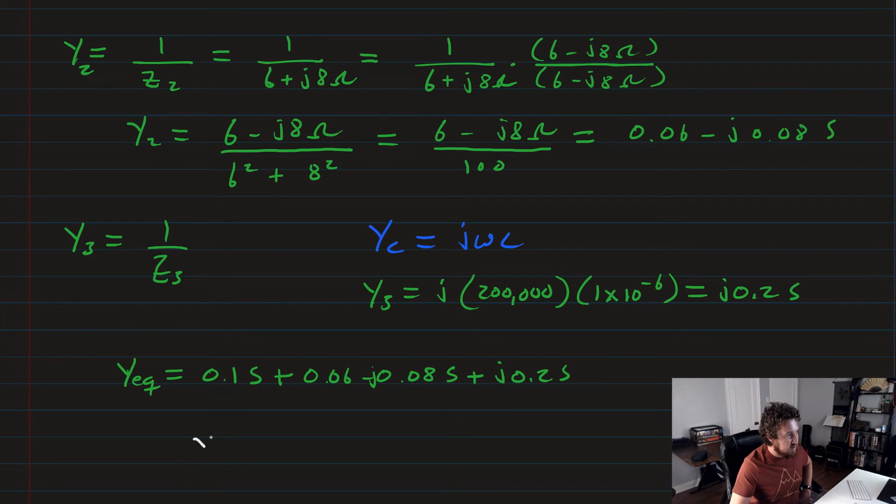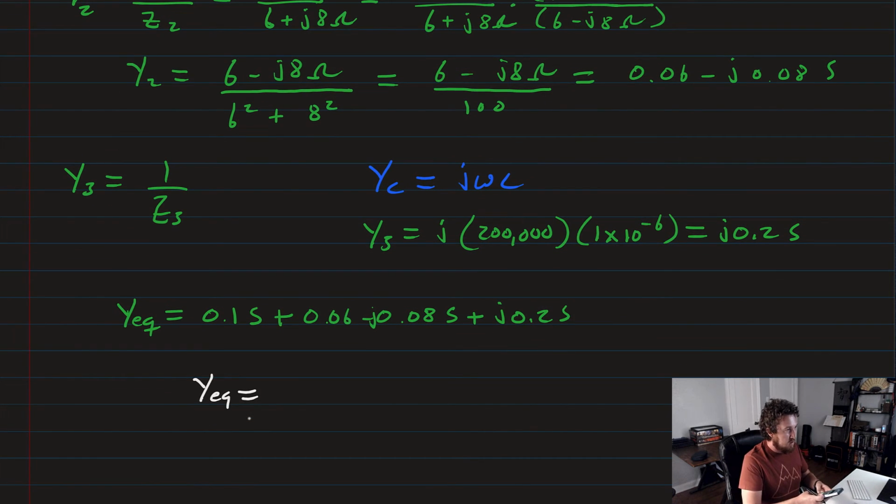Let's grab a different color here. We'll say Y EQ, add them all up, and we're going to get 0.1 plus 0.06.